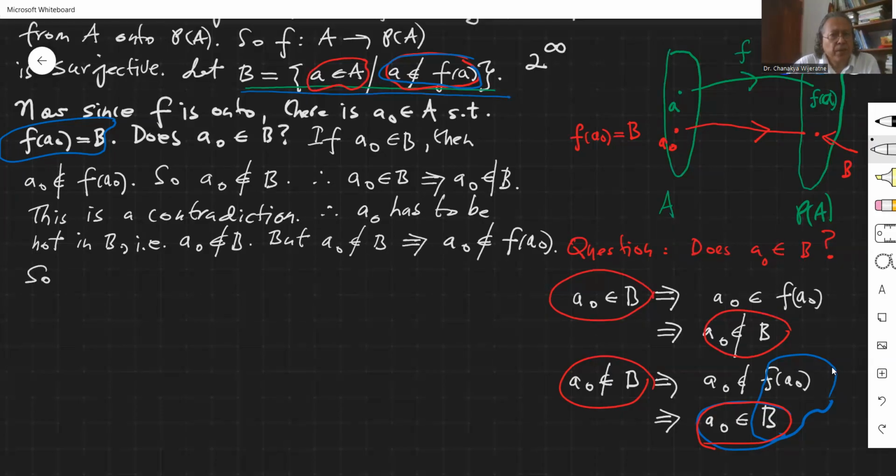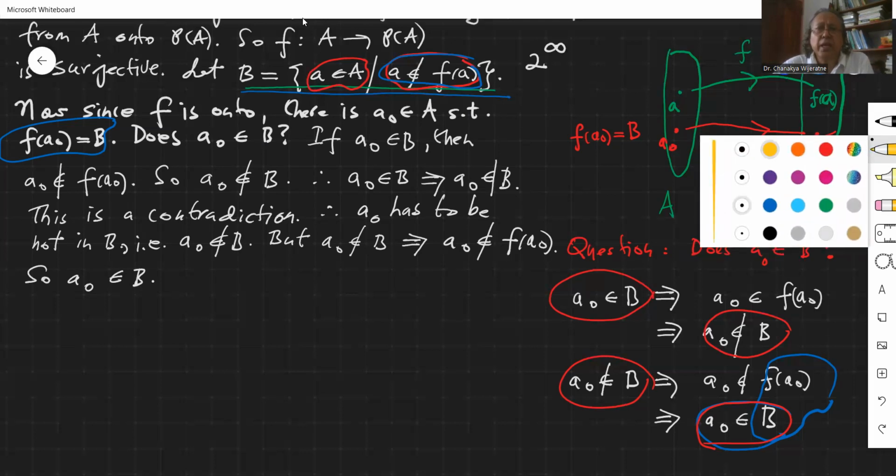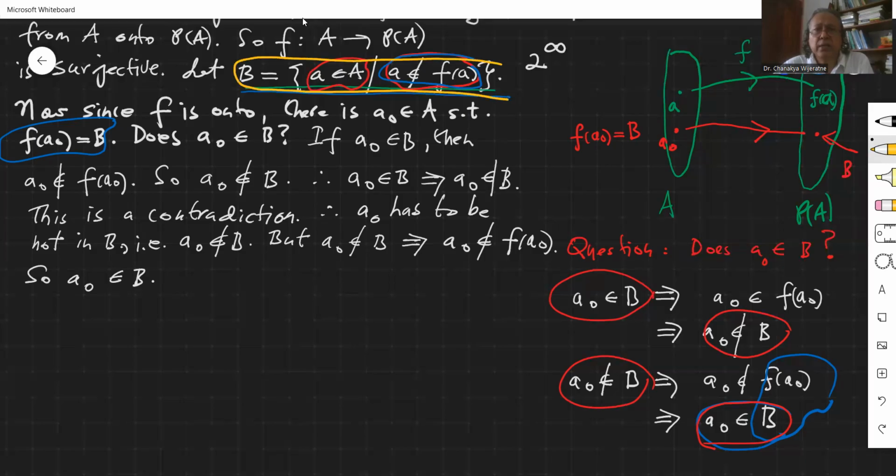So, wait a minute, now A naught doesn't belong to B. Yeah, that is true. A naught does not belong to f of A naught. So that means A naught belongs to B, because of the way we define B. It consists of all the elements in A such that A doesn't belong to f of A. So A naught doesn't belong to f of A naught.